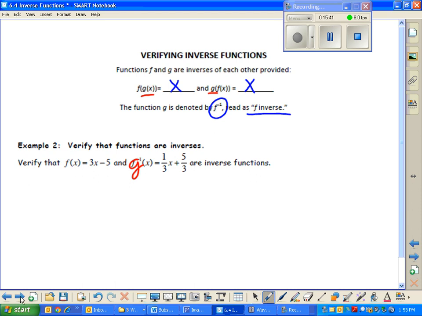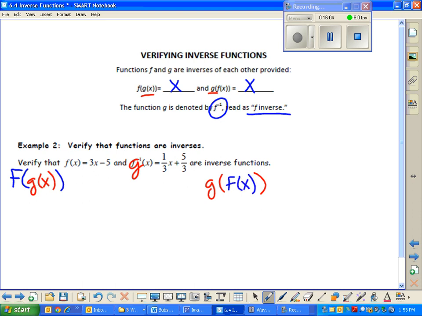And then I'm going to go ahead and find two things. This is probably something you would even be able to take care of on your own at this point. I'm going to do f of g of x, and then I'm going to do g of f of x.